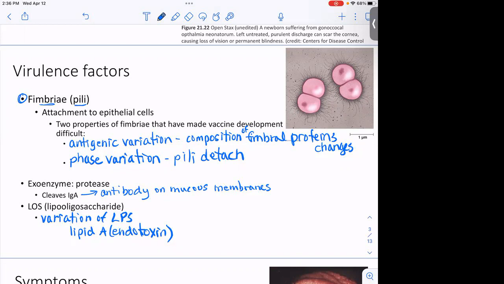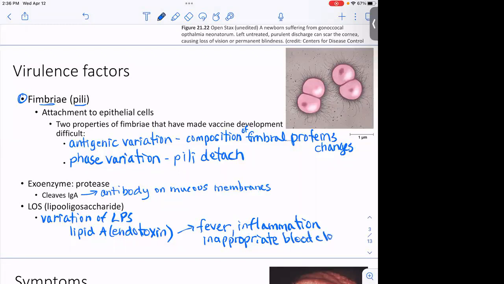So remember that endotoxin causes things like low-grade fever, inflammation, and also some inappropriate blood clotting.